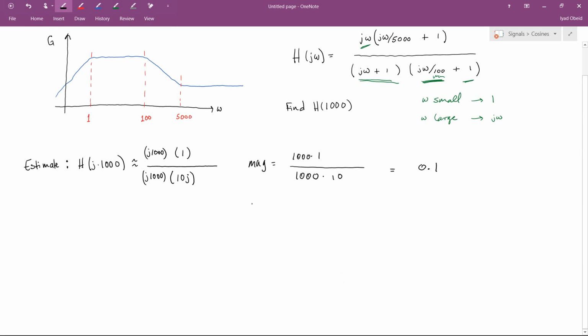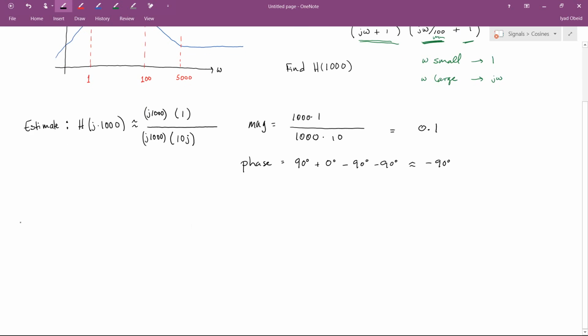And if I want to get the phase, it's still going to be phase of numerator minus phase of denominator. So the phase of the numerator is going to be the phase of the j, which is 90, plus the phase of the 1, which is 0, minus the phase of the 1000j, which is 90, minus the phase of the 10j, which is 90. So that works out to approximately minus 90 degrees. So that's all well and good.